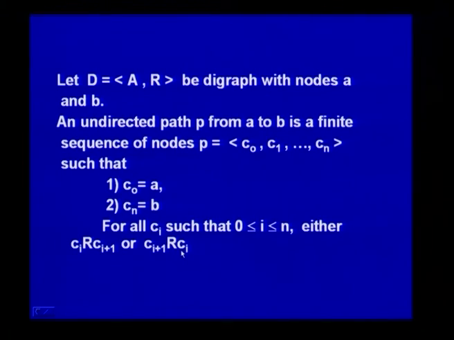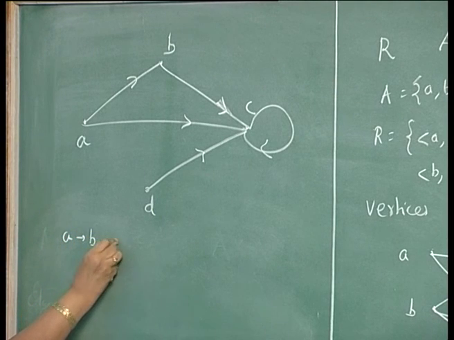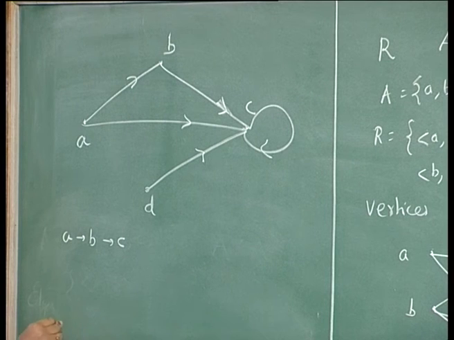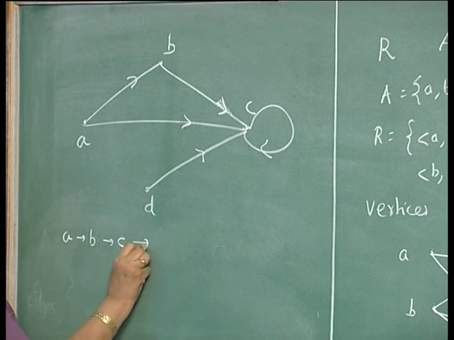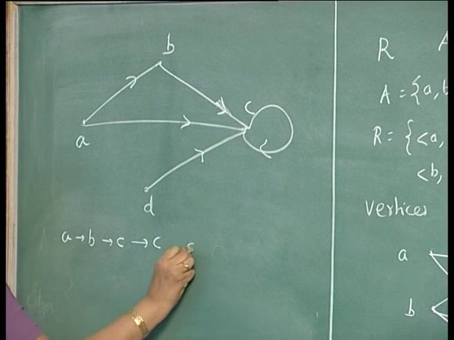Let us consider this same example. This is a directed graph. You have an edge from A to B and you have an edge from B to C and you have an edge from C to C. A to B, B to C, C to C. This is a directed path.